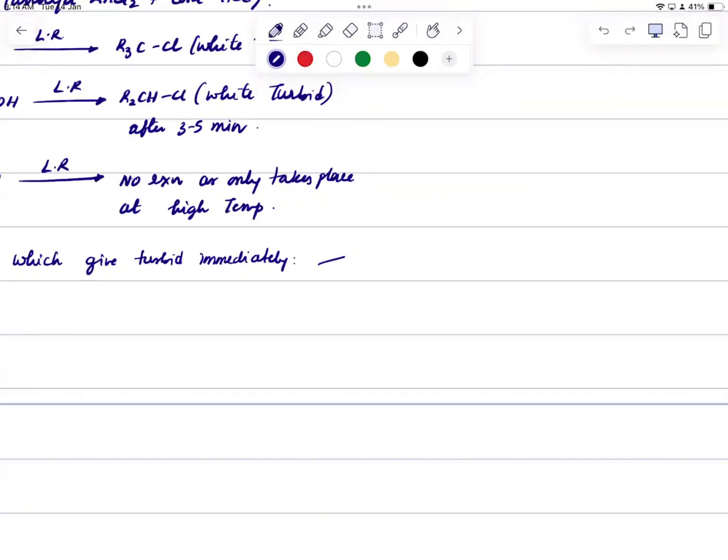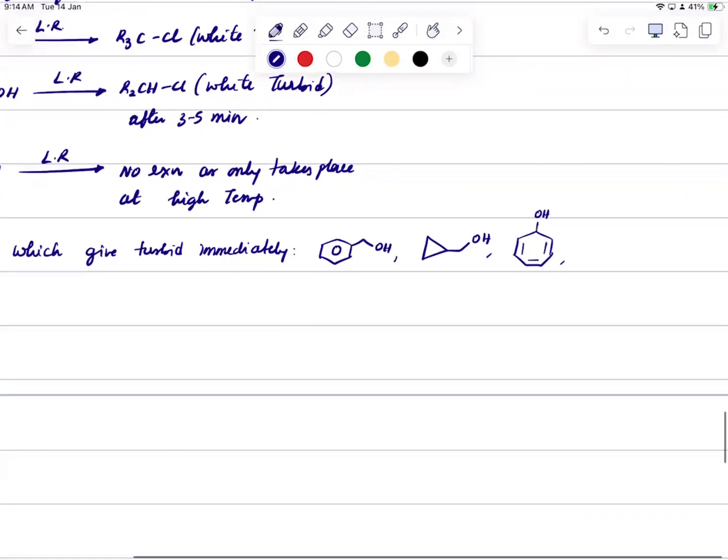Okay. So if you have a benzyl alcohol like this, this is benzyl alcohol, it will give turbid immediately. If you have CPM, this will also give turbid immediately. If there is an aromatic form of it, this will also give turbid immediately.